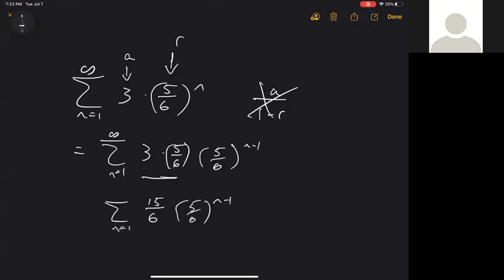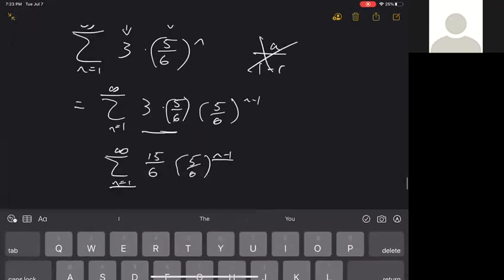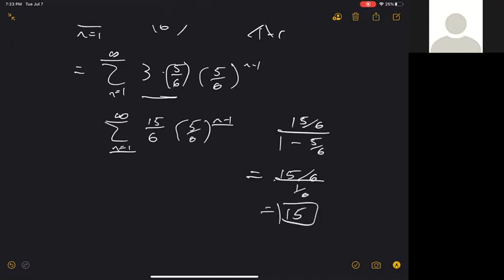Now everything's in my good formula. I got the n minus 1 here, and n equals 1 there. Now I can use the formula for the geometric series. My formula is 15 over 6 over 1 minus 5 over 6, which is 15 over 6 divided by 1 over 6, which is 15.